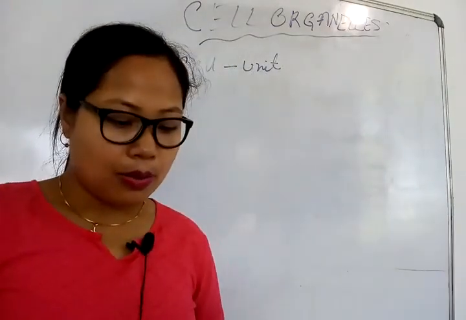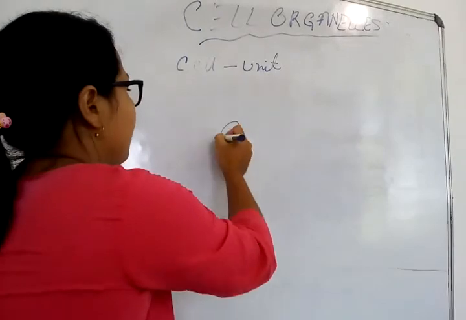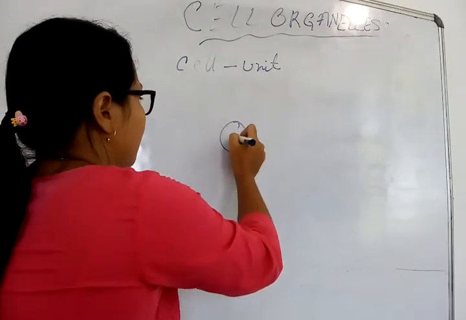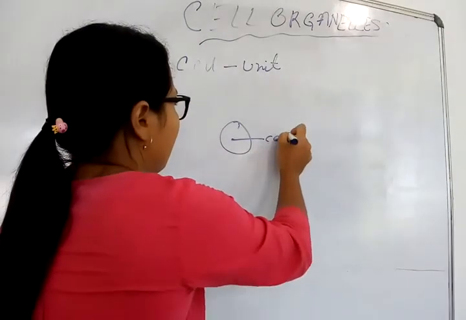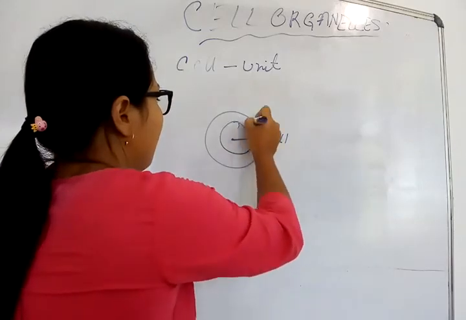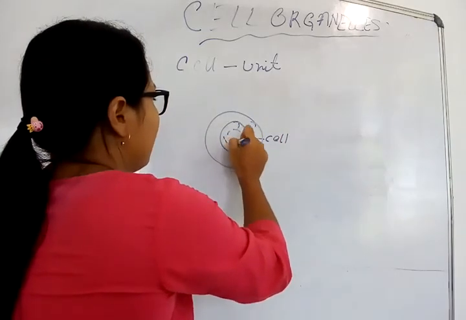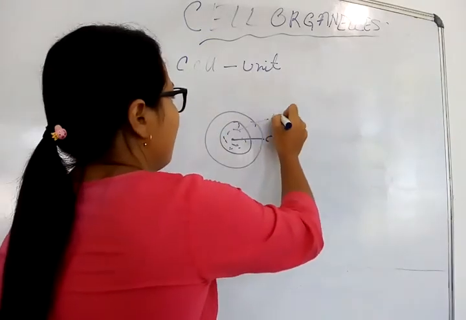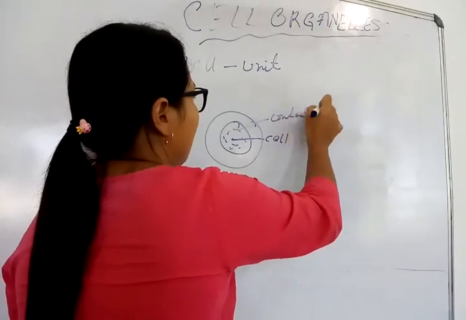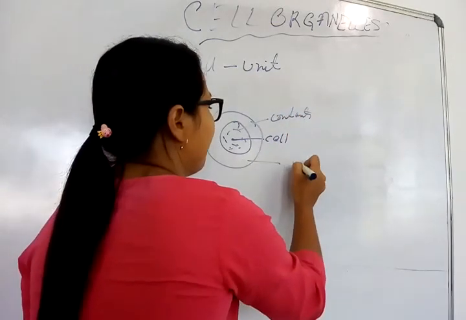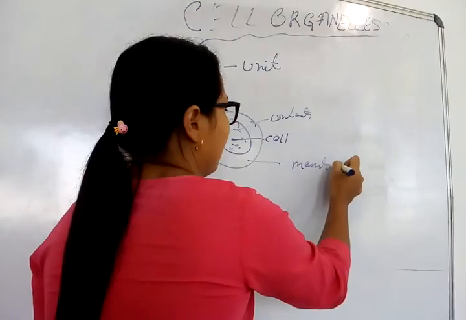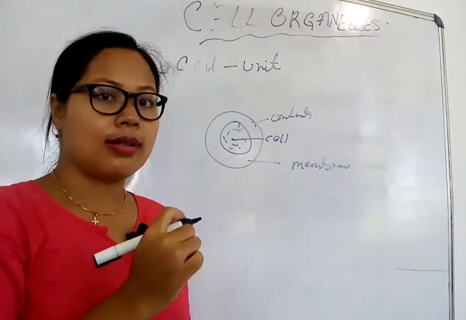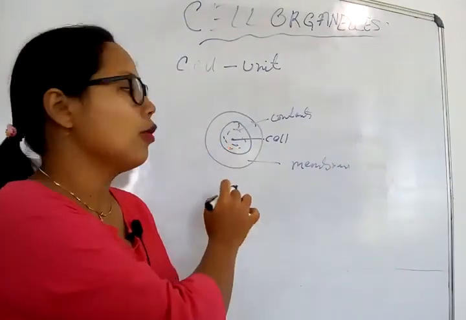So, for example, let's say this is a cell. It has a lot of contents in it, isn't it? It has contents, and then this is a membrane. You know that every cell is surrounded by a membrane.